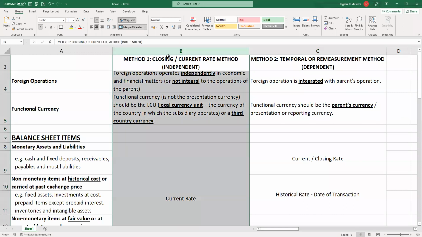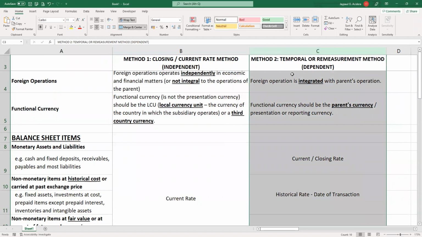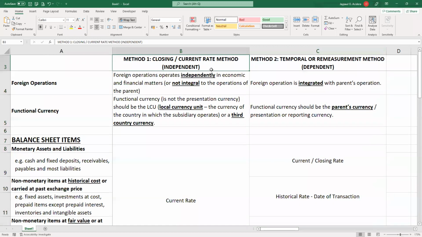So this column, or yung first column after the description, this is what we call method 1. The other column is method 2. So in our first column, that is yung closing or the current rate method, tinatawag ko siyang independent.